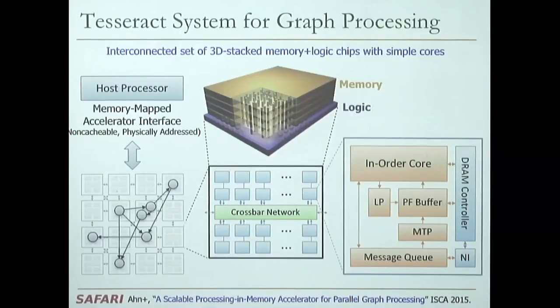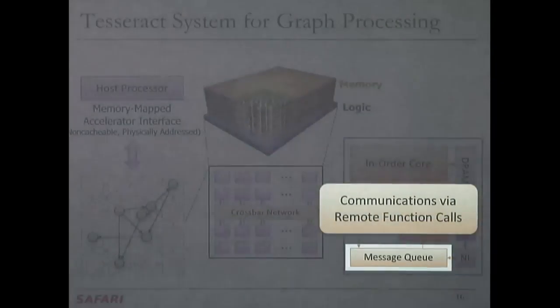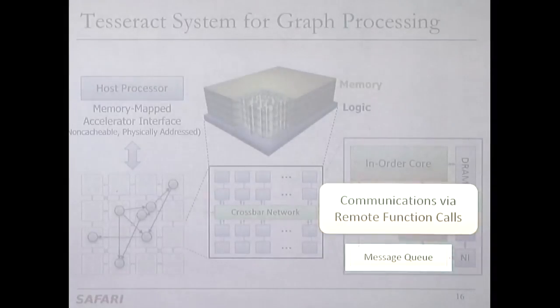Make sense? So this is programmed via remote function calls, which is used in distributed systems programming quite often. But we're using it on chip. And I'll give you an example of this, actually, how you transform a small portion of a graph processing workload. Remote function call is basically asking some other server to execute this function on these arguments. That's basically it.